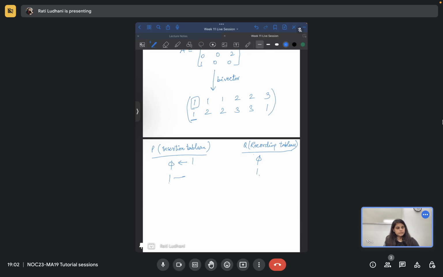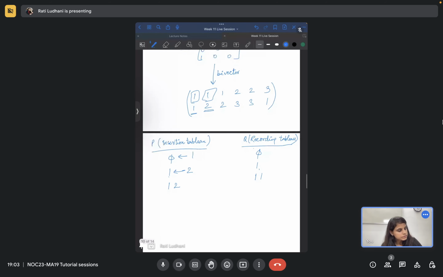Next step, we'll insert 2, right? I'm inserting 2 now. So you will get 1 2. The extra box is in the first row, second column. So you'll just write 1 1.